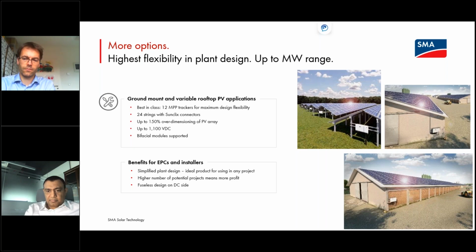The cool thing about it as well, and that is one of the next topics we will come to, is that you can also use our Sunny Design web tool for planning with this inverter itself.